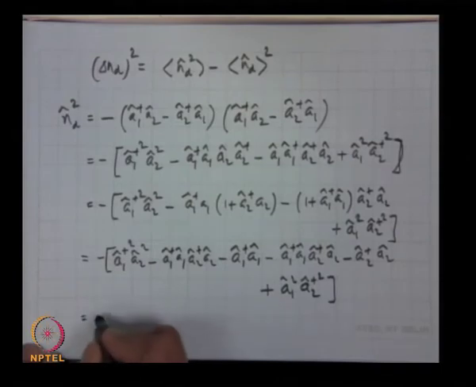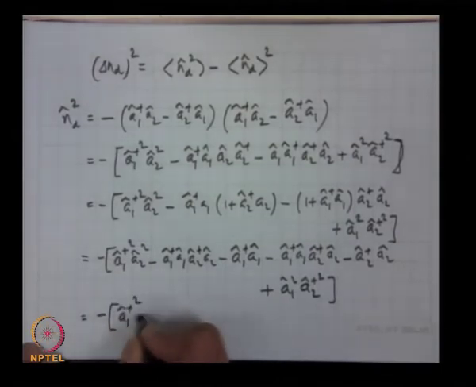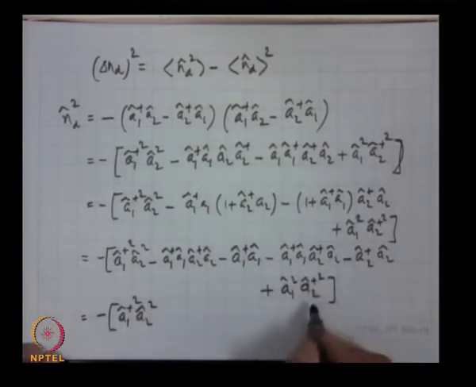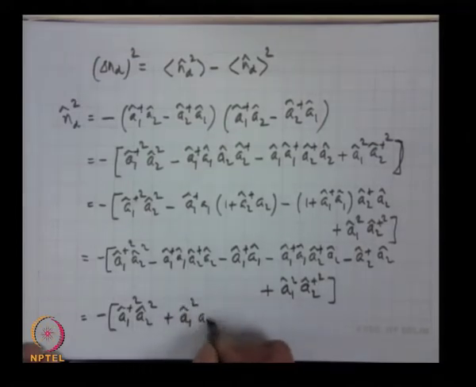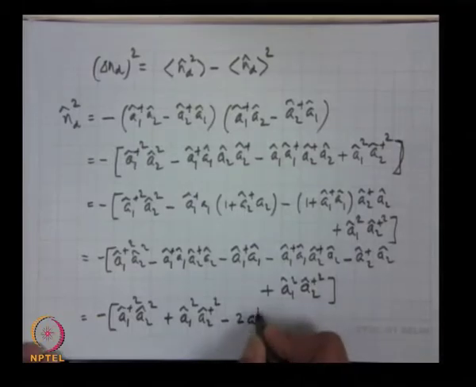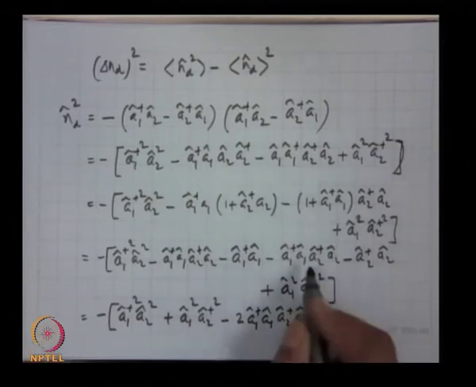So let me simplify this. This is minus A1 dagger square A2 square plus from here A1 square A2 dagger square. Then I have minus 2 times A1 dagger A1 A2 dagger A2, these two terms.